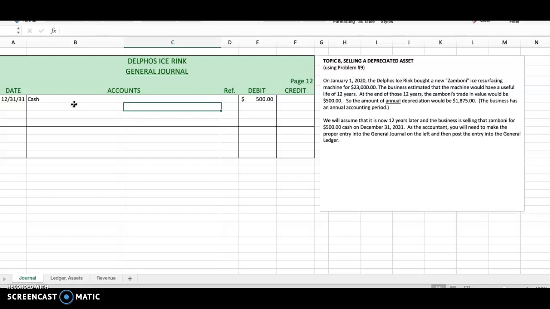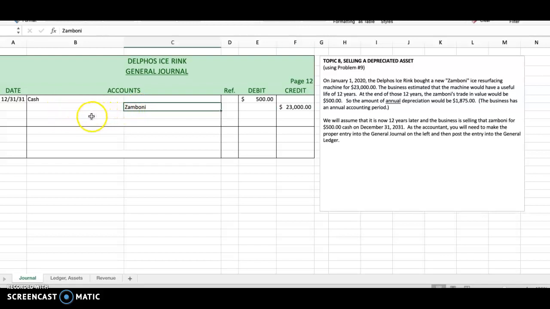So first of all, let's take a look at the credit involved here. And we are selling the Zamboni, this ice resurfacing machine. And we are selling it for $500. But the credit now needs to be $23,000. And let me explain this credit. What we are doing is closing this account.